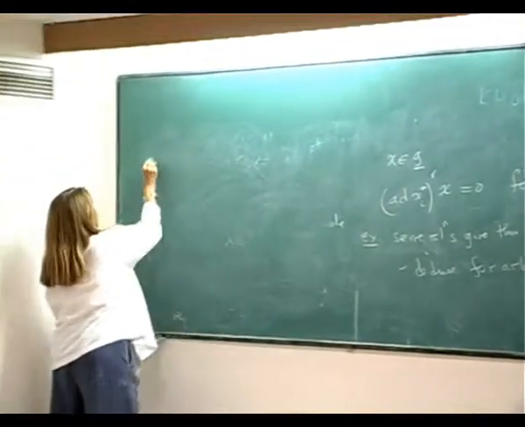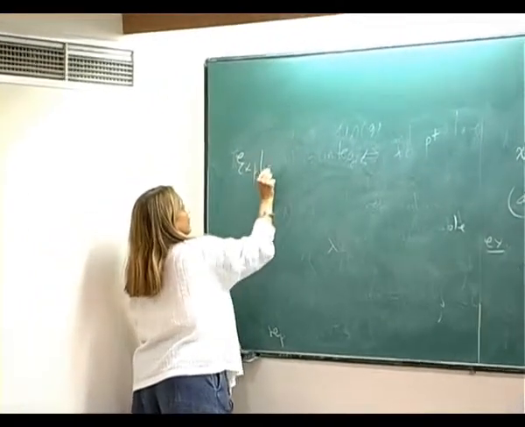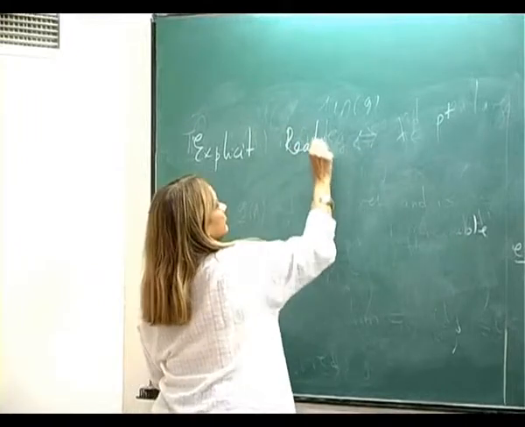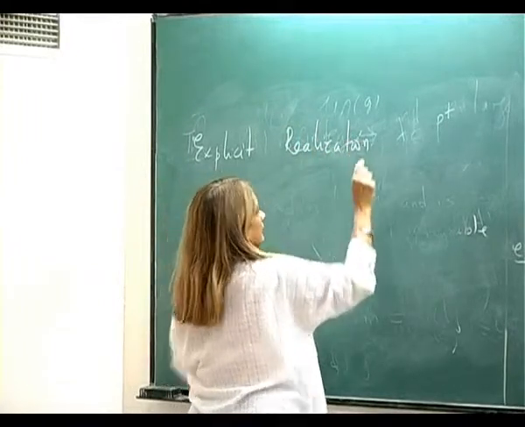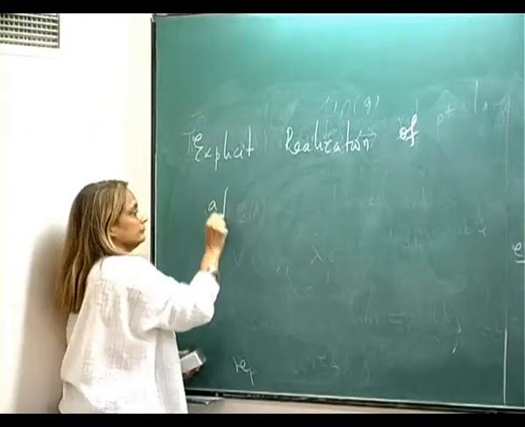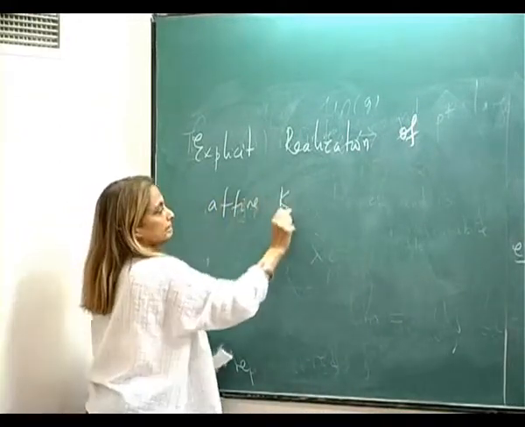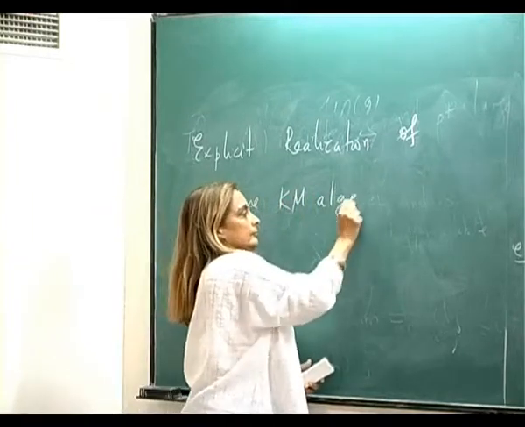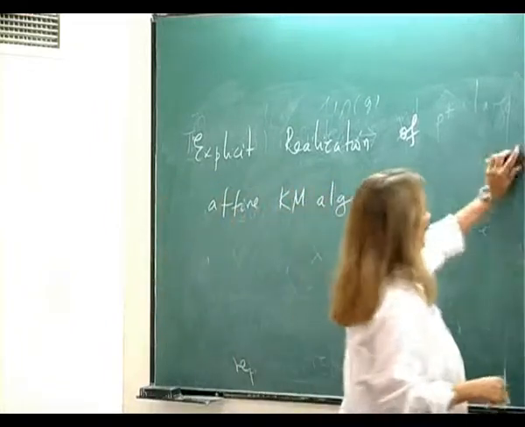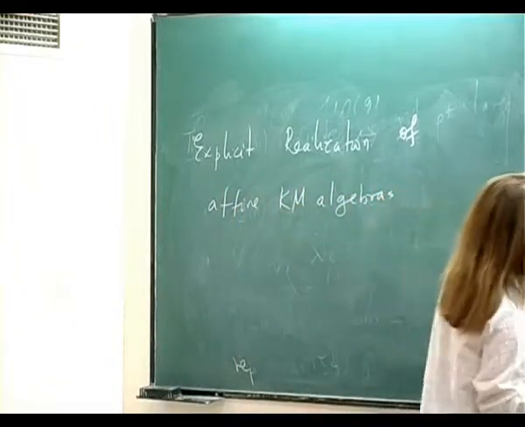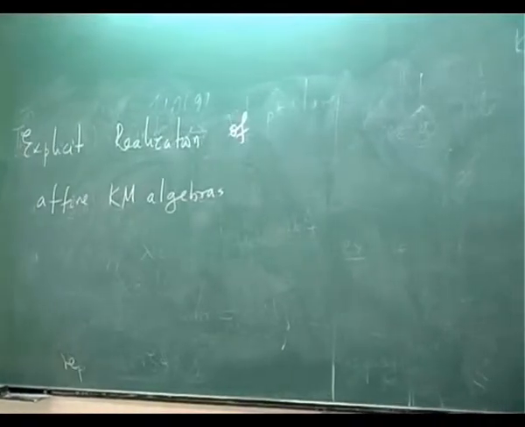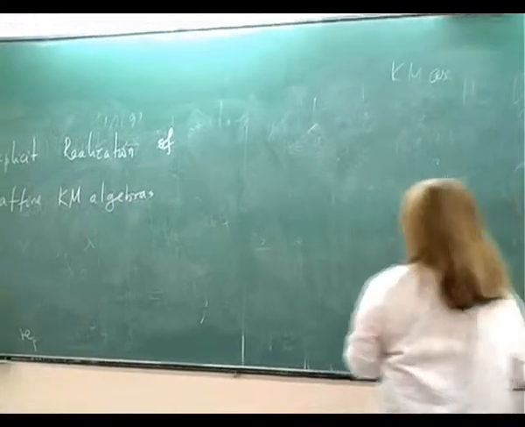You have an explicit realization of the affine Kac-Moody algebras. Generators and relations are nice enough for many purposes, but not all. So this second realization that we're going to talk about is what makes life good.